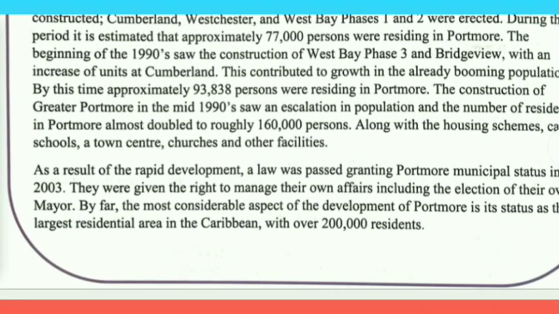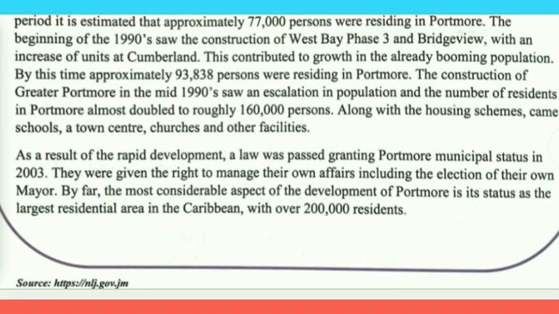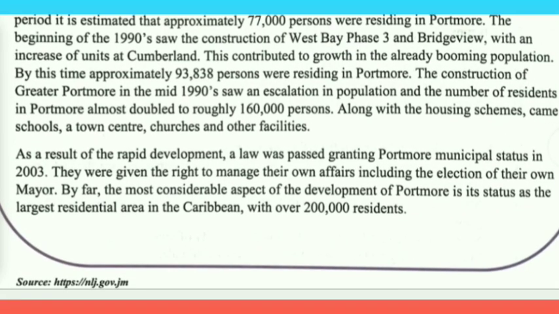The construction of Greater Portmore in the mid-1990s saw an escalation in population, and the number of residents almost doubled to roughly 160,000 persons. Along with the housing schemes came schools, a town center, churches, and other facilities.